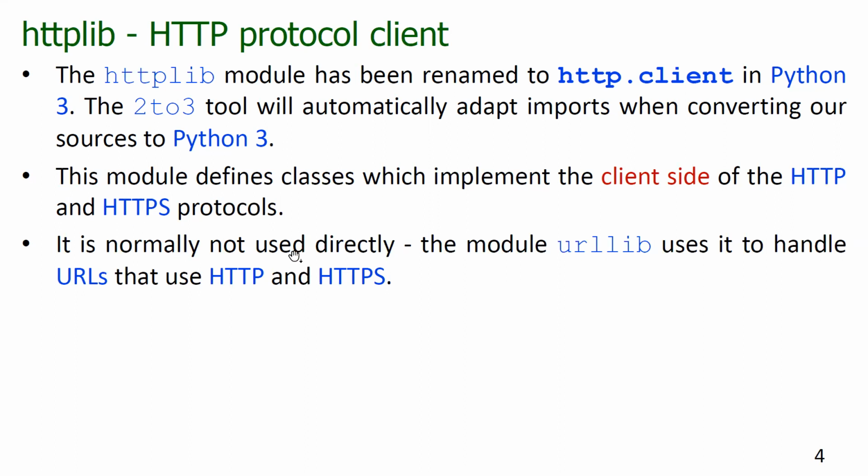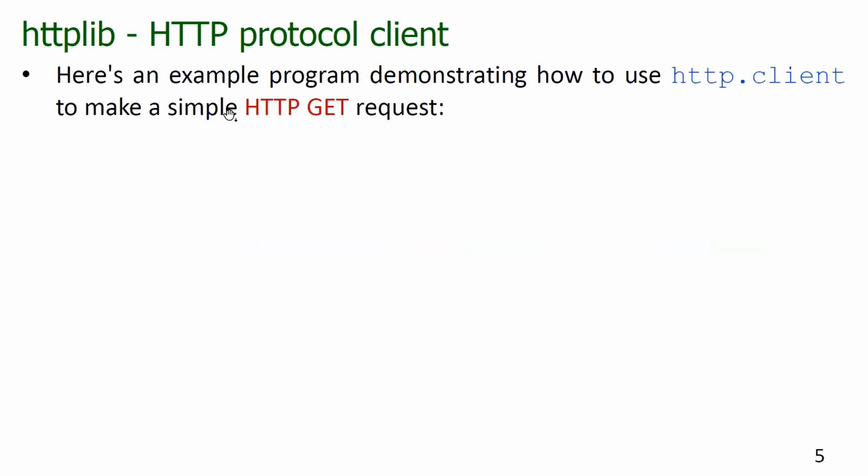It is normally used directly with the module urllib, which handles URLs that use both HTTP and HTTPS protocols. The following example program demonstrates how to use http.client to make a simple HTTP GET request.